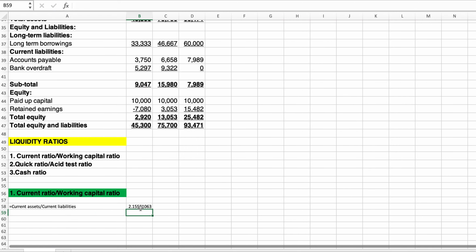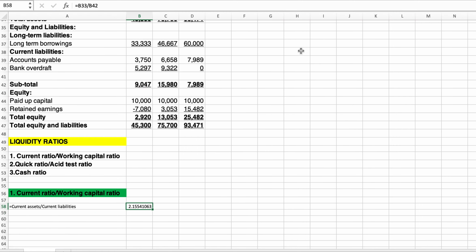So you get this. These liquidity ratios are not in percentage, so you will leave it like that. You will just decrease the decimal points to make it 2 decimal points.